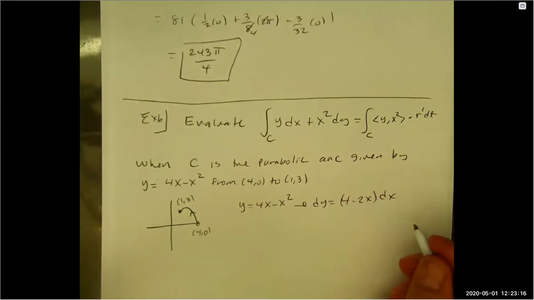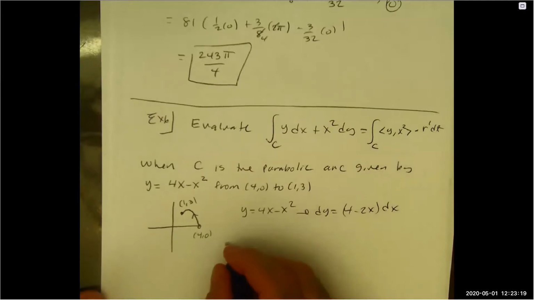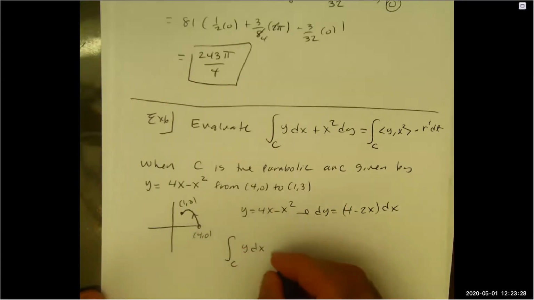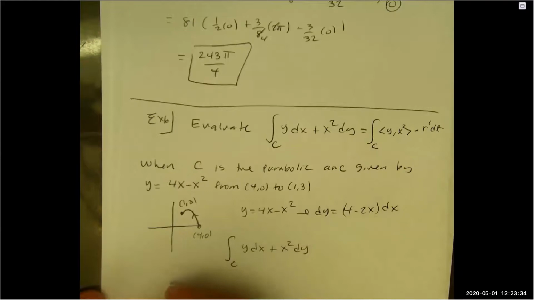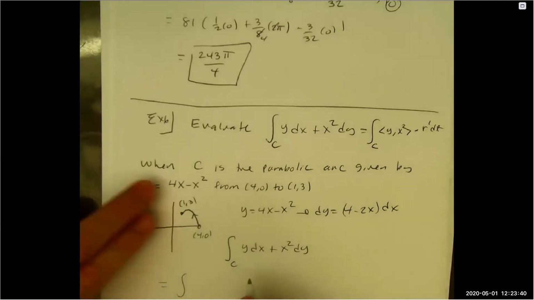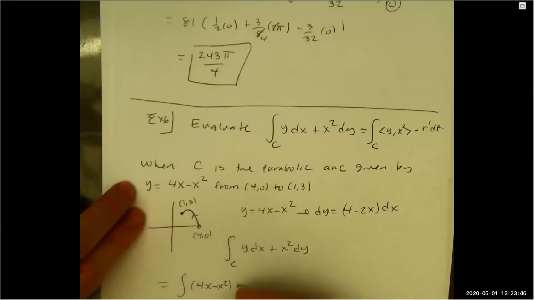So if we have our integral over C of y dx plus x squared dy, we replace the y with 4x minus x squared, and then dx, plus x squared, and then dy is 4 minus 2x.